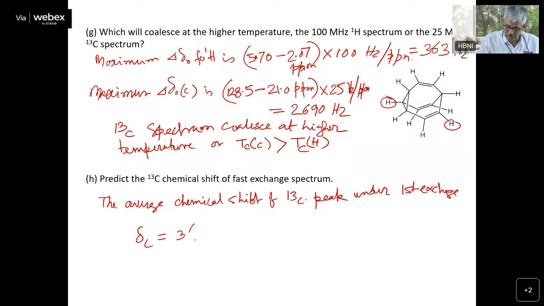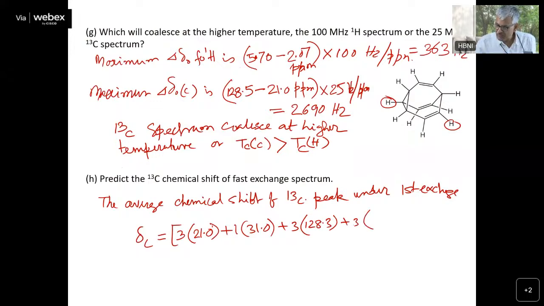So you have 3 carbons having chemical shift of 21.0, plus 1 carbon whose chemical shift is 31.0, plus 3 carbon whose chemical shift is 128.3, plus 3 carbon whose chemical shift is 128.5.